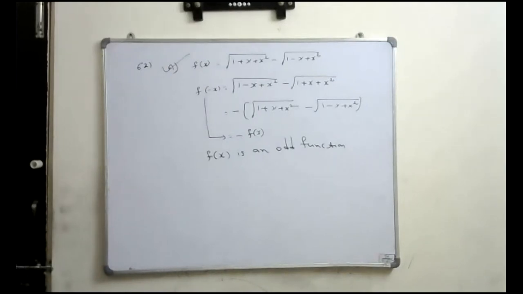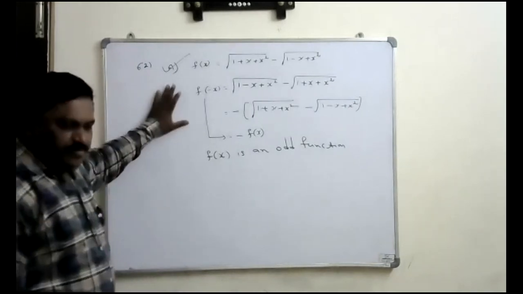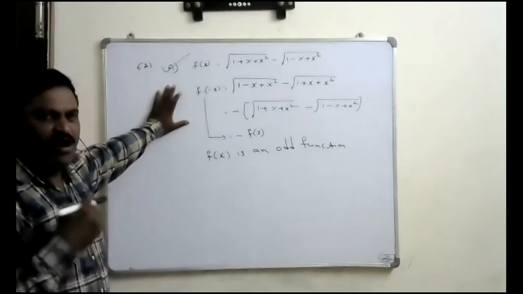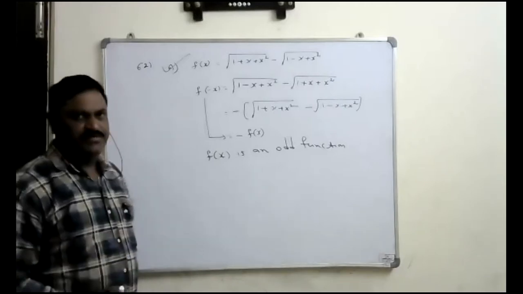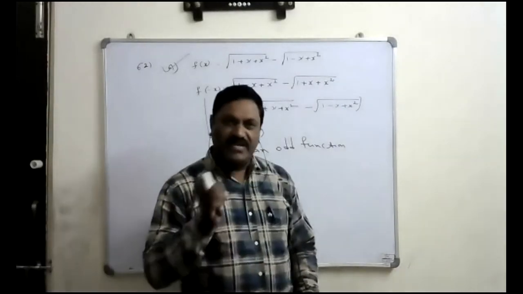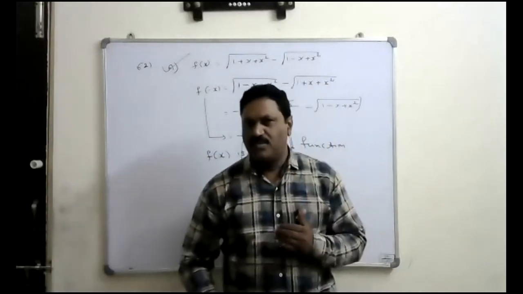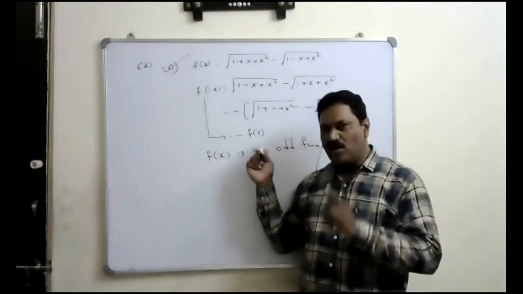Sir, please repeat once more. Okay, just look at that. The problem asks which of the following is an odd function, so we will check the options one by one. An odd function means you substitute minus x in place of x, and if you finally get minus of that particular function, that is the odd function.